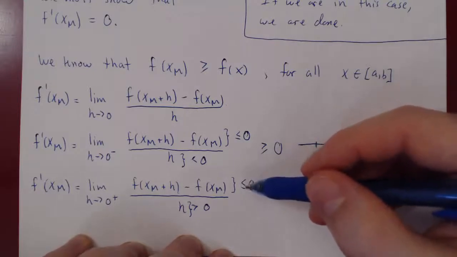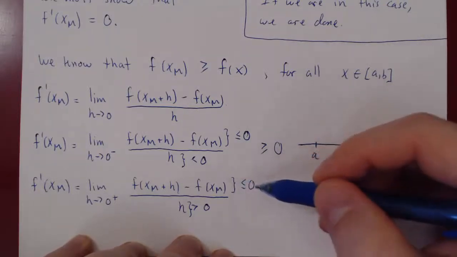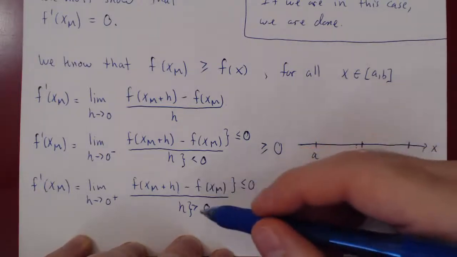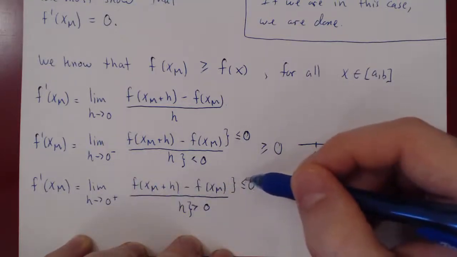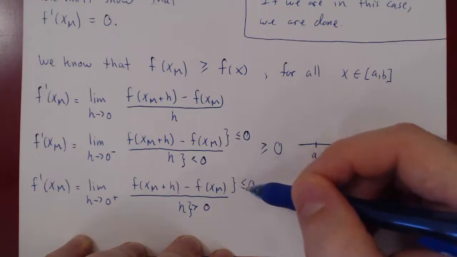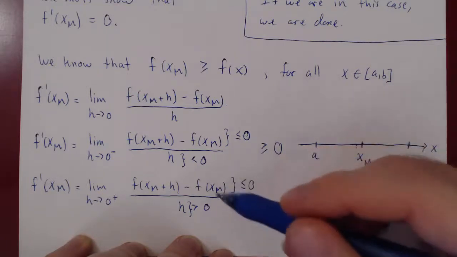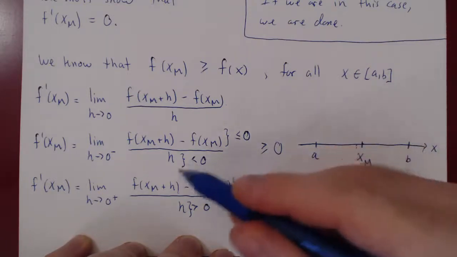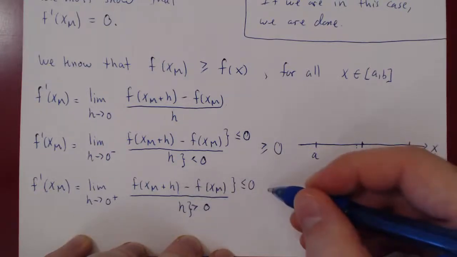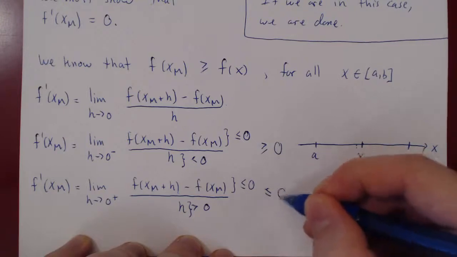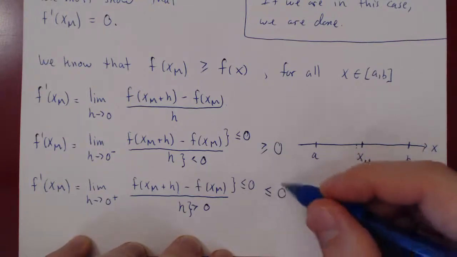So now think of the two options here. If the numerator is equal to 0, you have 0 over a positive number, so the limit is 0. If the top is strictly less than 0, you have a negative over a positive, so it's negative. So either the ratio is negative or is equal to 0. So in the best case it will be 0, but it can never be greater than 0.